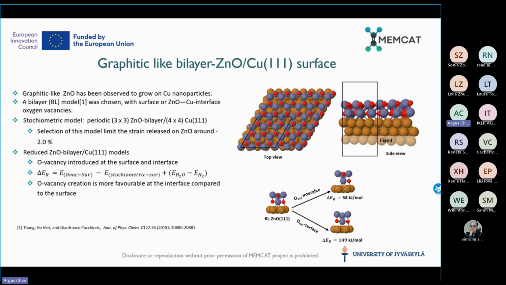And we see that if we make the vacancy at the zinc oxide copper interface, it's more favorable. It requires less energy, around 60 kilojoules per mole, compared to if the vacancy is generated on the surface of the bilayer. These different possibilities we can consider.